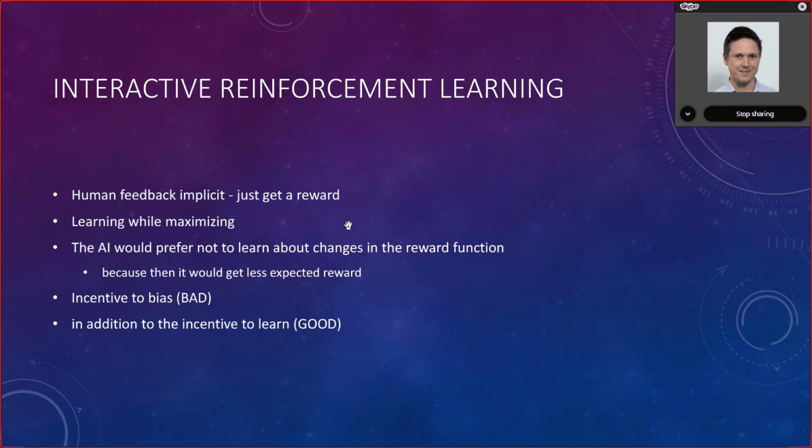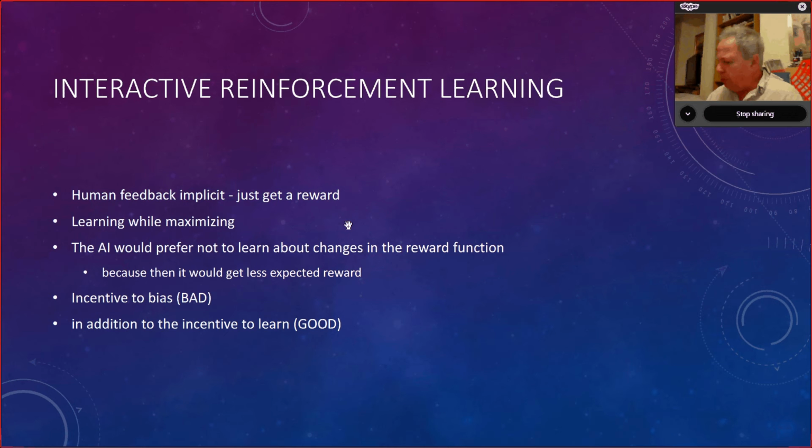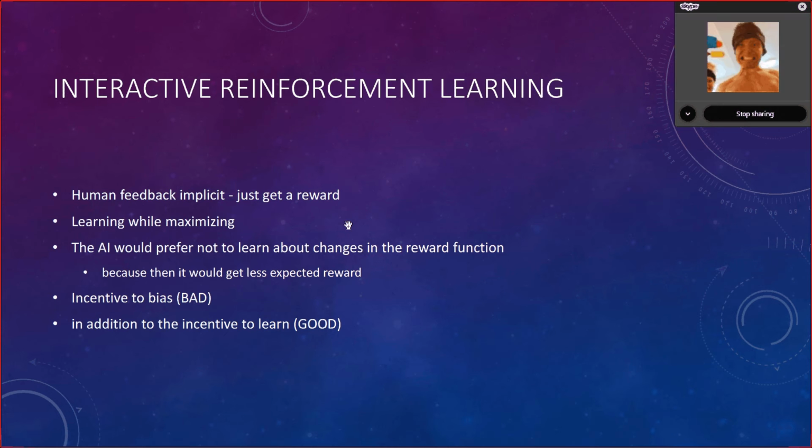So Stuart Armstrong and Jan Leike wrote a paper called Towards Interactive Inverse Reinforcement Learning. They don't claim to have fully explored the topic, but what they're proposing is an interactive inverse reinforcement learning, where the human feedback is much more implicit.